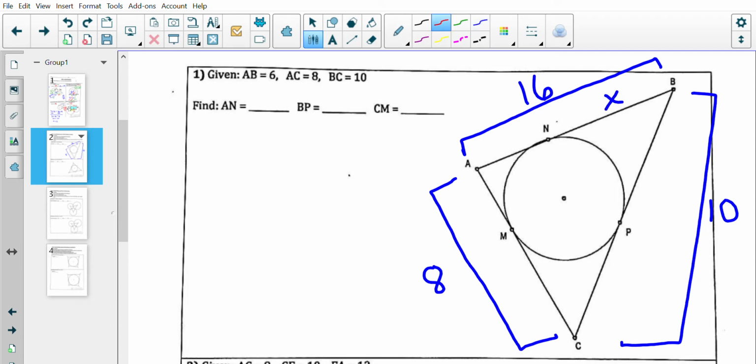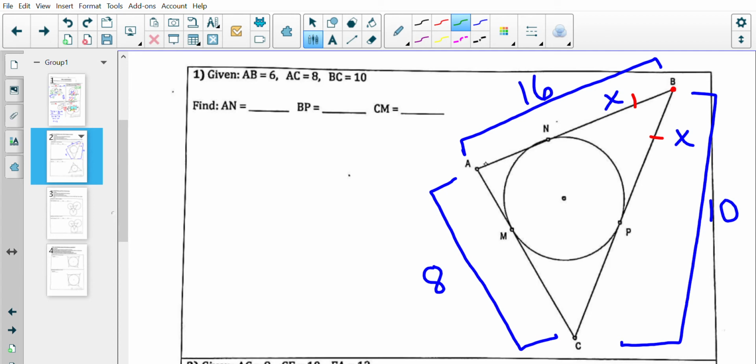Now, what do I hope that you realize? Look at those two segments coming from point B. From B to N and B to P. Those are tangent segments. And if we have two tangent segments coming from the same outside point, those two segments have to be congruent. So if B to N is X, then B to P is also X. Now, these are not the only two tangent segments we have.